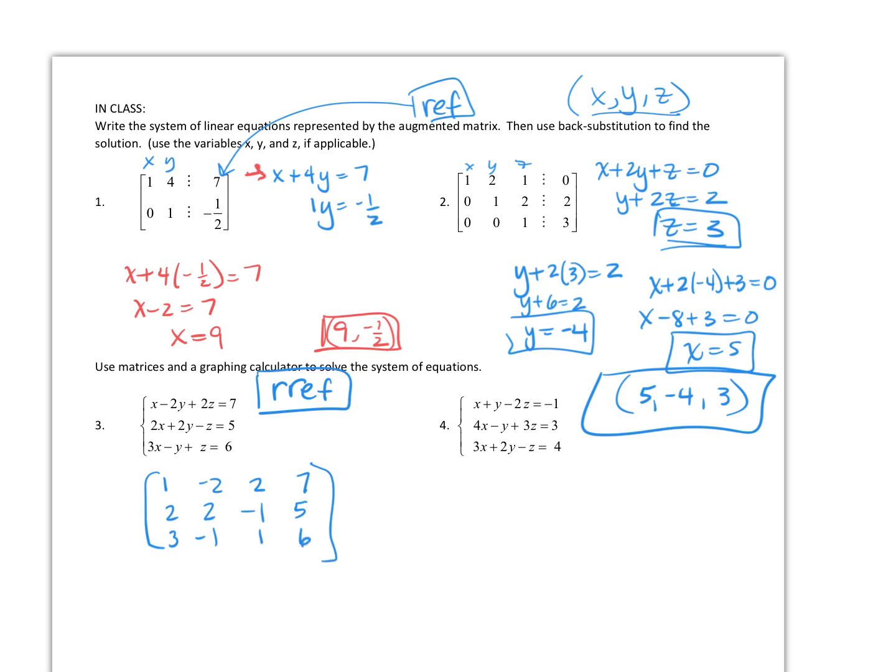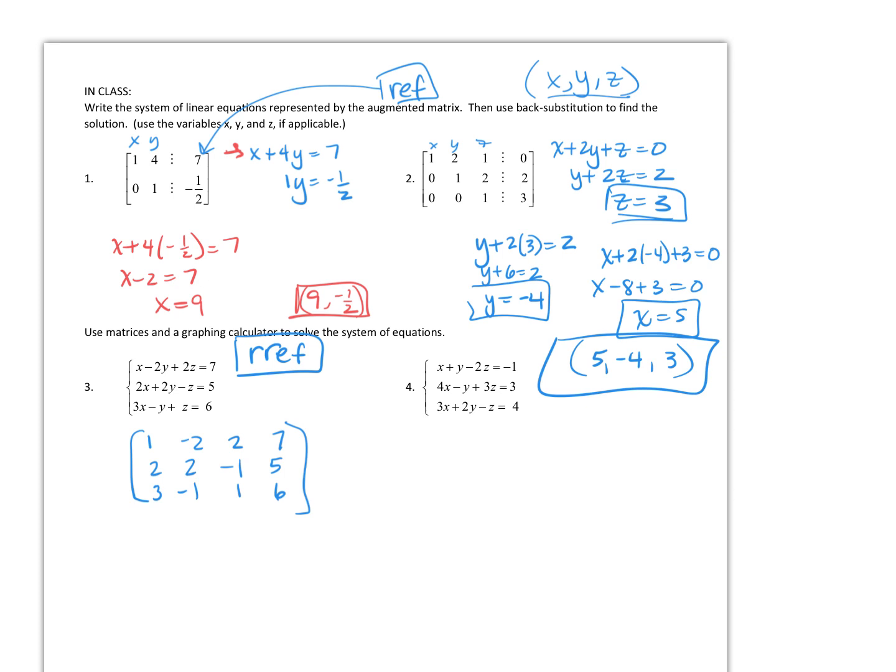Okay? Now, in my calculator, let me pull that up. There is a little shortcut. If you hit alpha and zoom, it will automatically say, oh, you want a matrix.